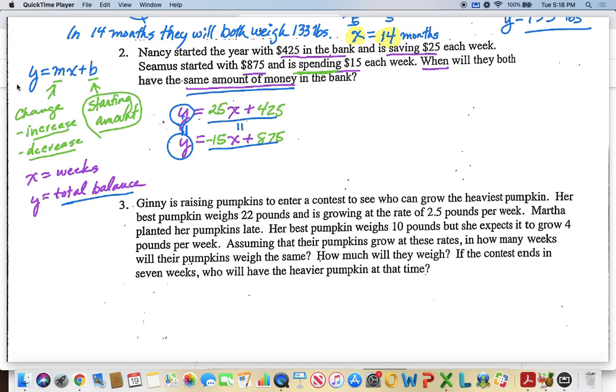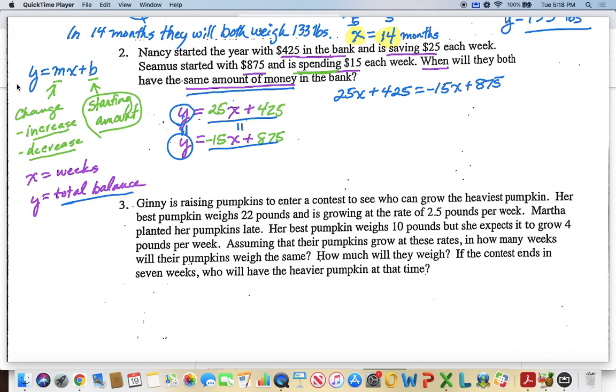So we can rewrite the equation like this, leaving out the y's, and just say 25x plus 425 is equal to negative 15x plus 875, because we know that's true. We know that this part of the equation, the left, is equal to the right.